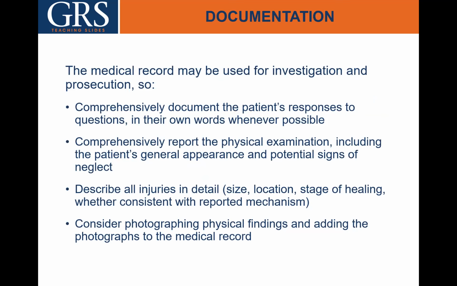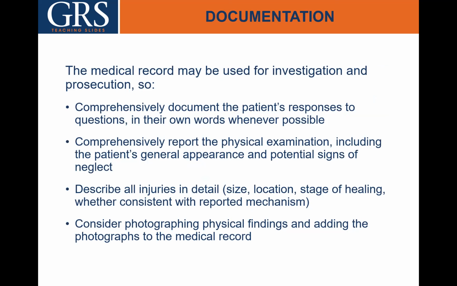After taking all of those histories, performing those physical exams, and reporting those problems to the government or other health professionals, we need to document everything we found and everything we did.